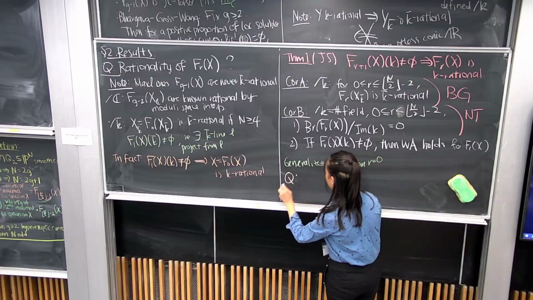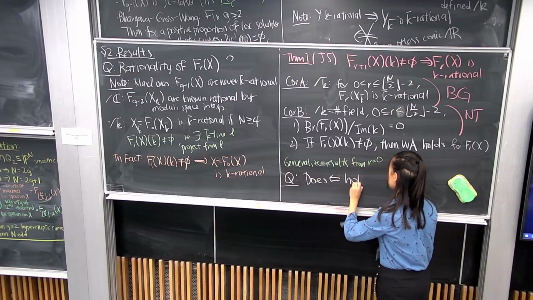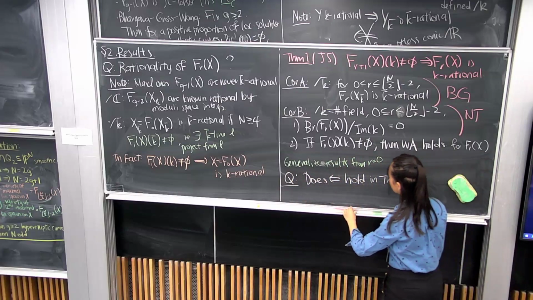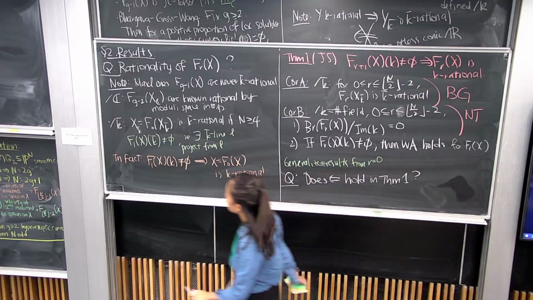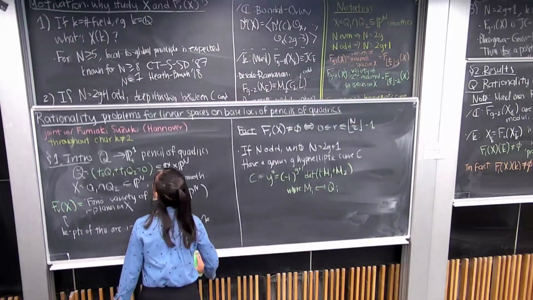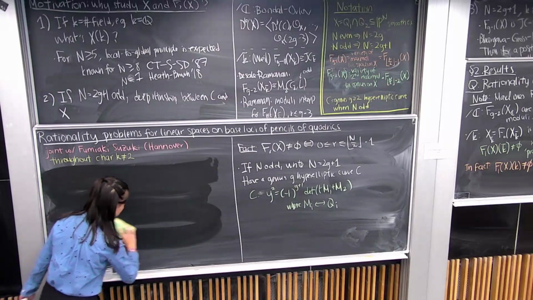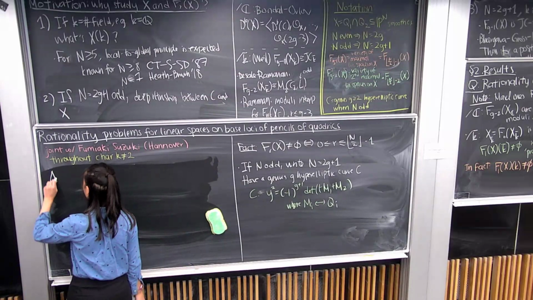Does the converse hold in Theorem 1, i.e., is this the only rationality construction? It turns out the answer to this question was already known to be no.